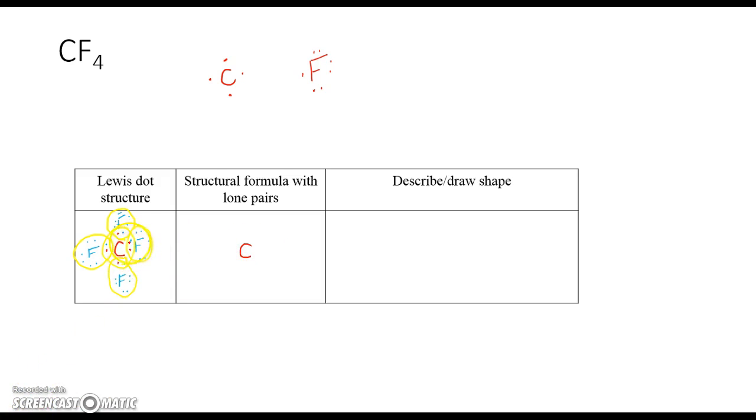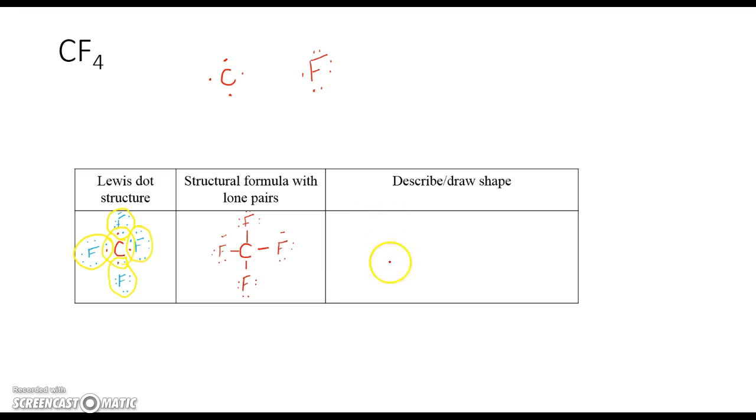It looks like there's a covalent bond that happened here where they're sharing electrons. And then I'll put those lone pairs on there. And here we have our structural formula with the lone pairs.